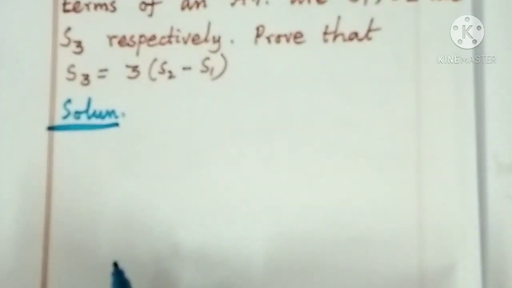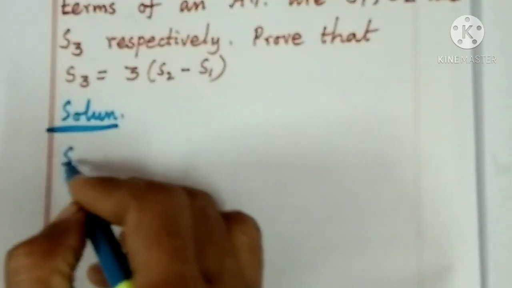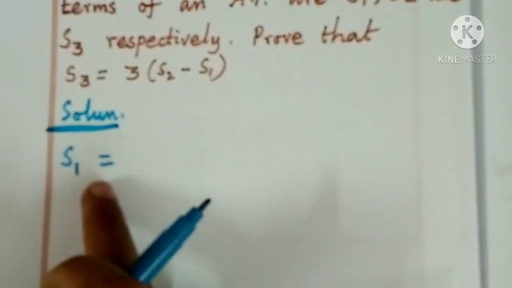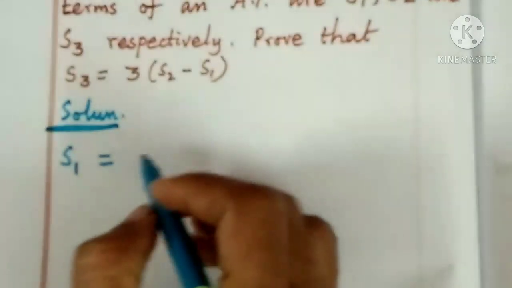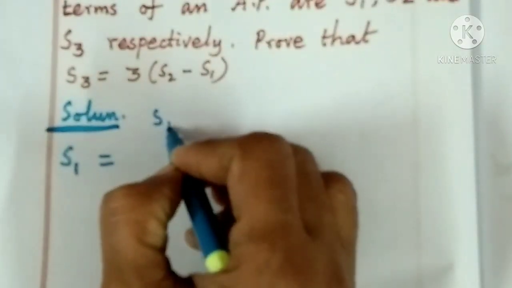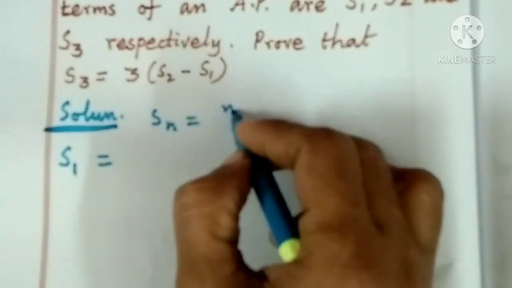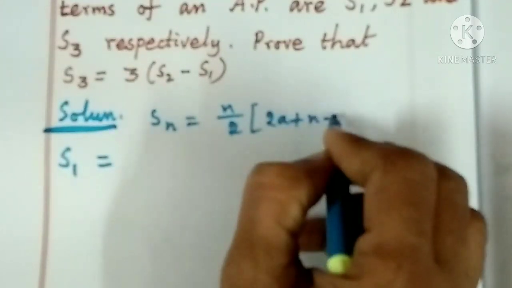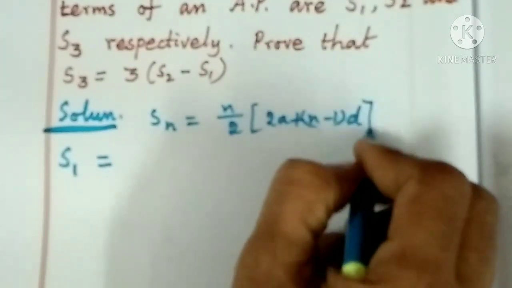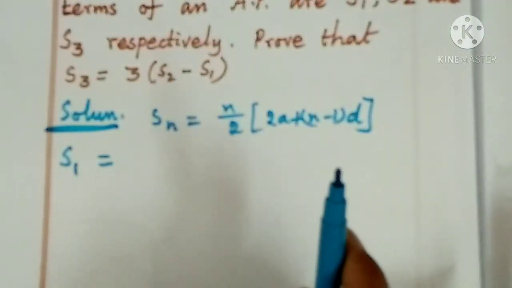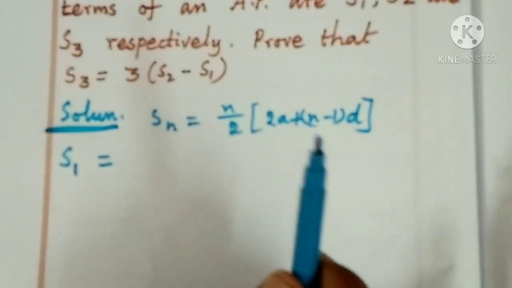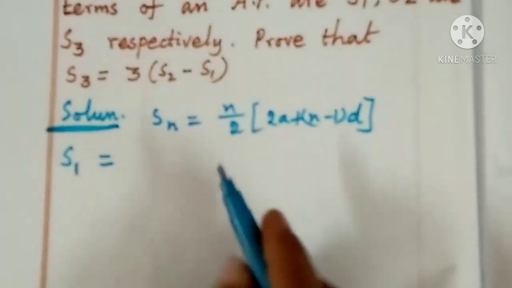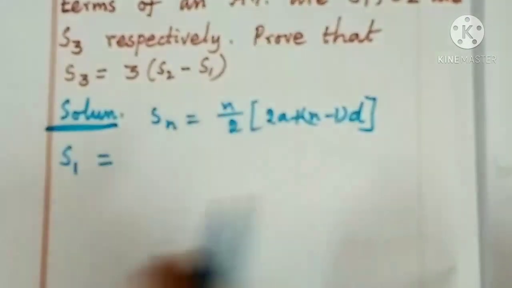First you take down and write the given S1, the sum of n terms. Therefore, you have to apply the formula Sn is equal to n/2 into (2a plus (n minus 1) into d), because here the number of terms is given, the last term is not given.